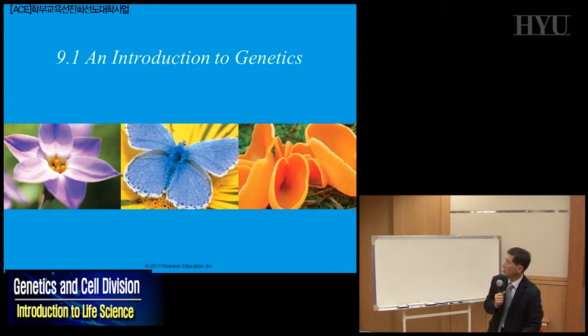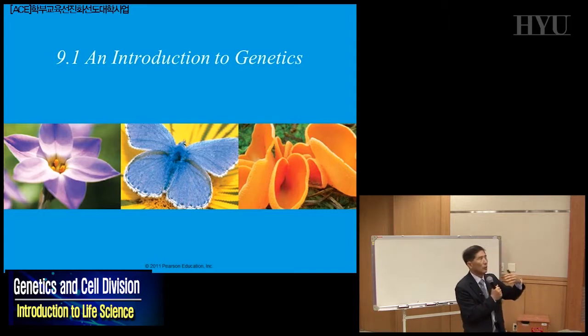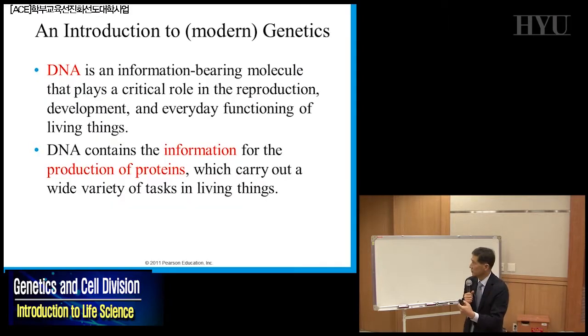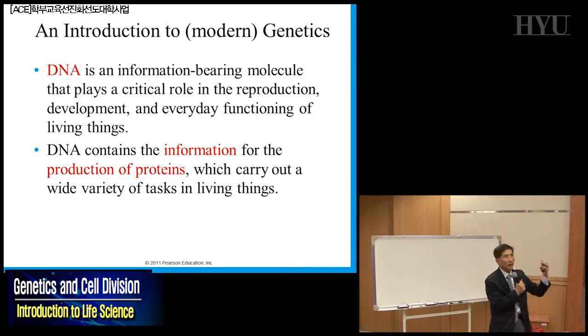So, an introduction to genetics. This will be a basic understanding of how we look like our parents, and then our children will look like us. We all know now that DNA is the information-bearing molecule. DNA has the information.